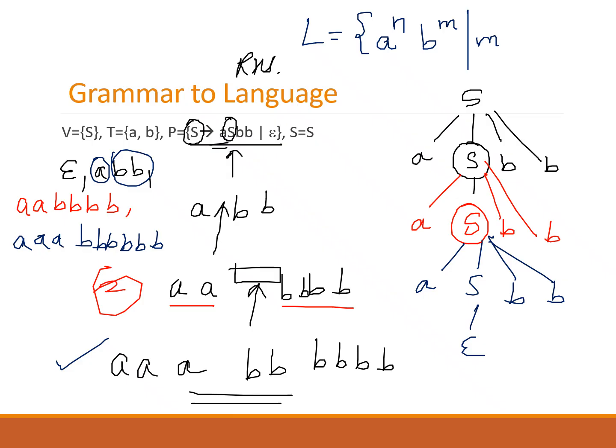So M is basically 2 times N. And since we are allowing epsilon, we say that this N is greater than or equal to 0. So if N or A becomes 0, we will not have B. But as soon as we have a single A, we'll have two B's corresponding to it added every time. So this is the language that will be generated.